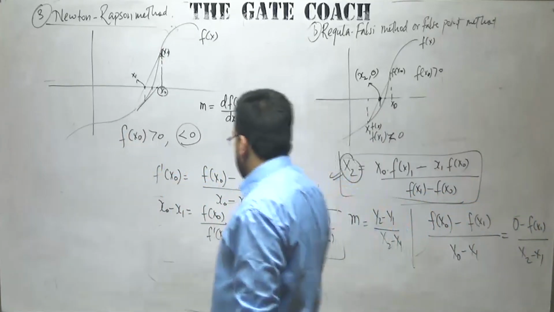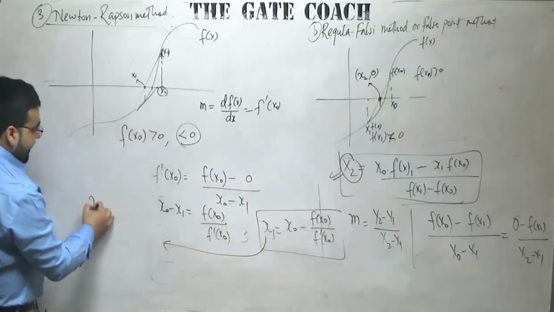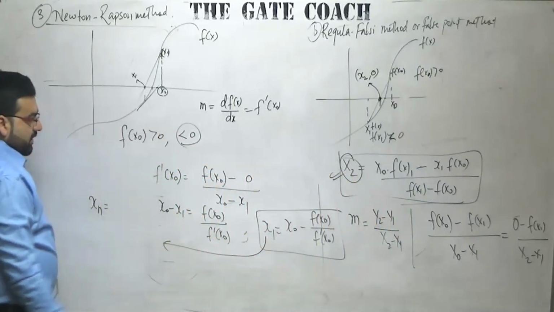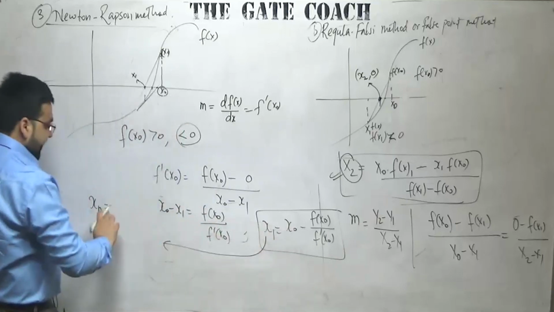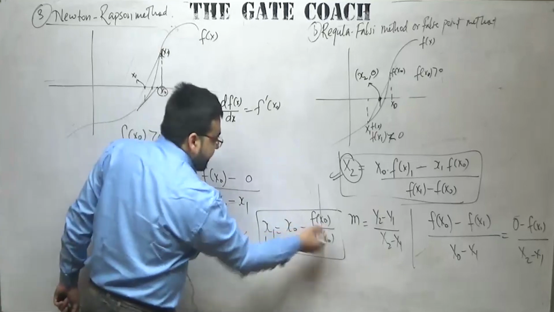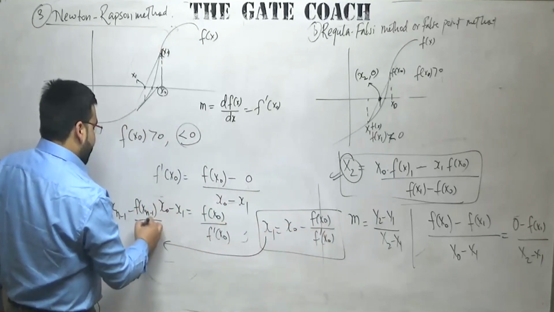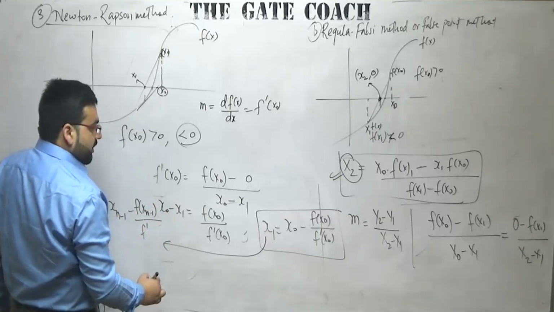Clear? For the general case, we can write xn is equal to xn minus 1 minus f of xn minus 1 divided by f dash of xn minus 1.